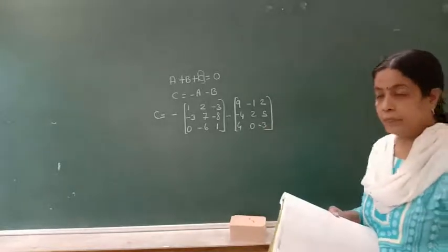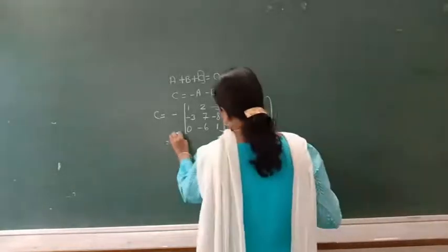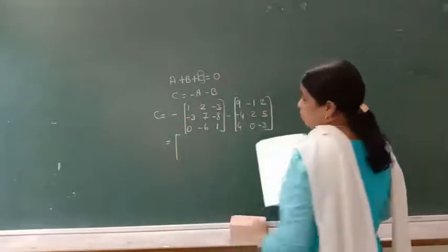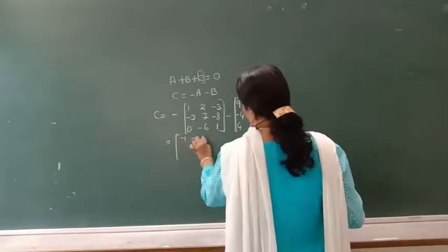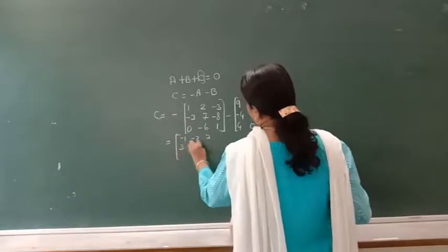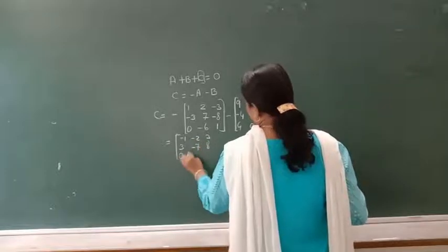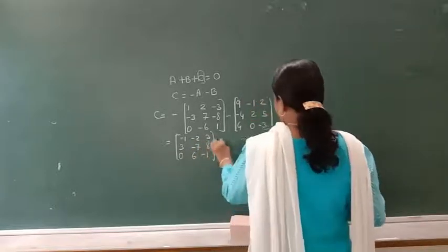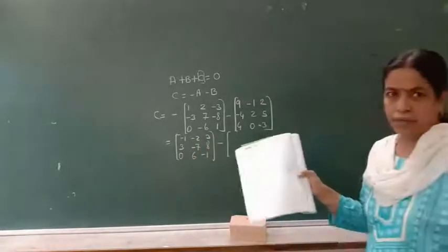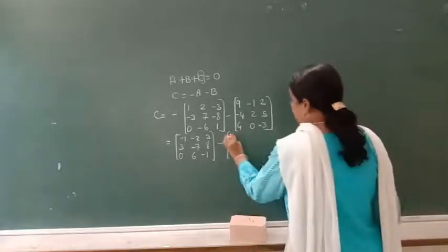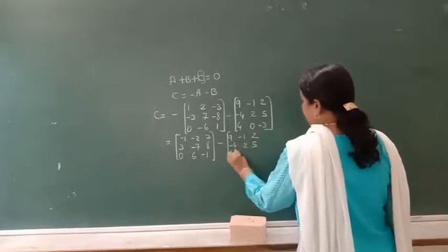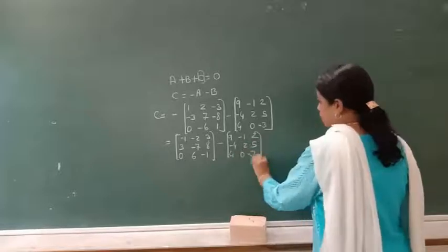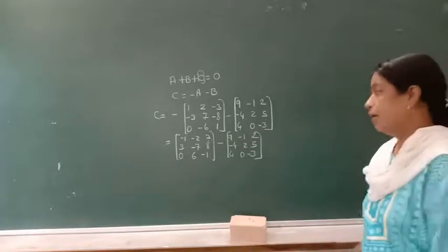Got it? Now first we will introduce the negative of A. What will you get here? All the positive will become negative and negative will become positive: -1, -2, 3, 3, -7, 8, 0, 6, -1, minus the B matrix [9 -1 2; -4 2 5; 4 0 -3]. Now directly you can subtract.